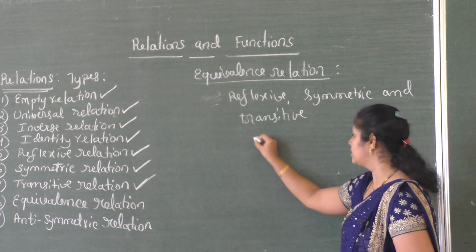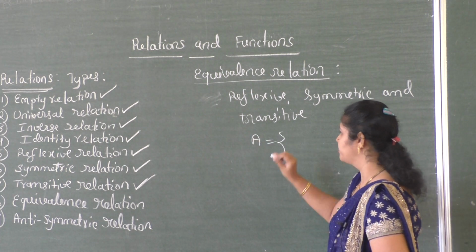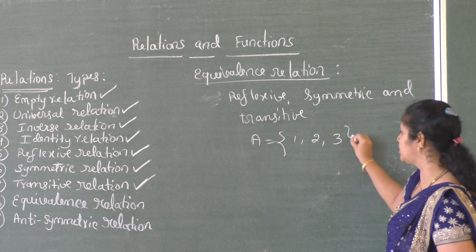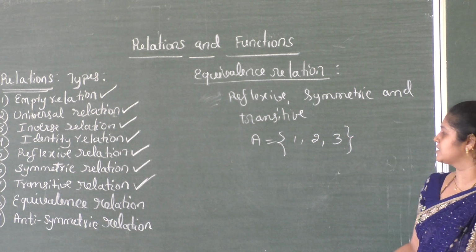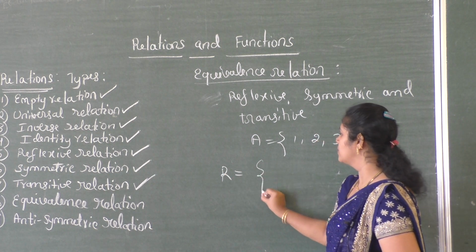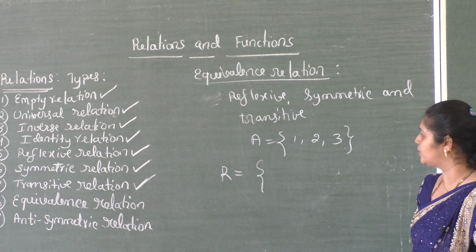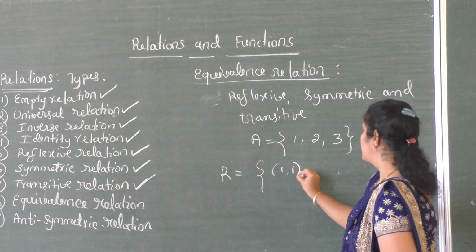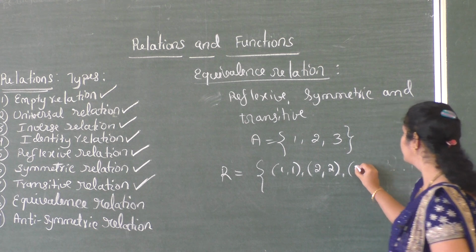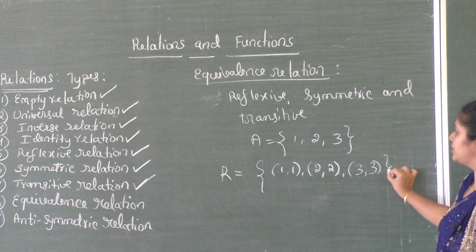Okay, define a set A equal to {1, 2, 3}. So we can write several examples for relation R. Now one example, relation R is equal to {(1,1), (2,2), (3,3)}.